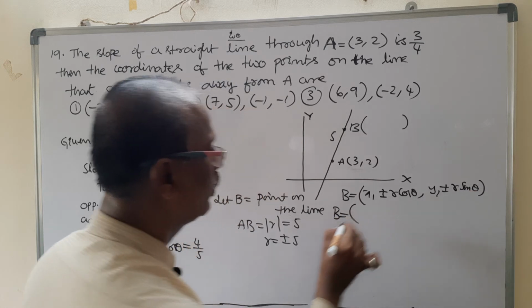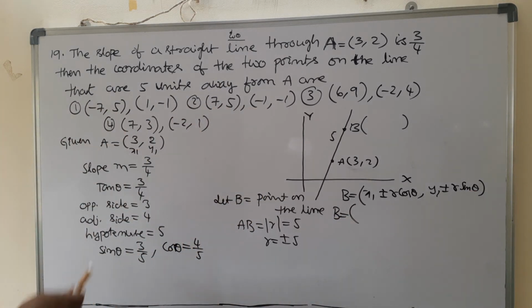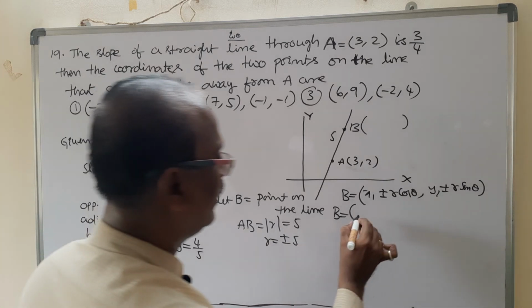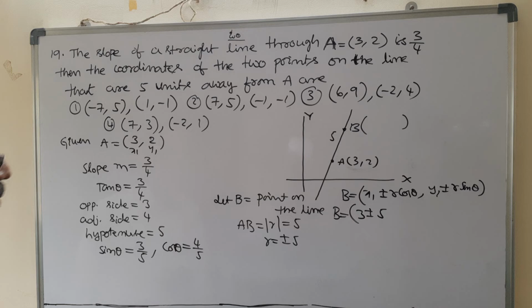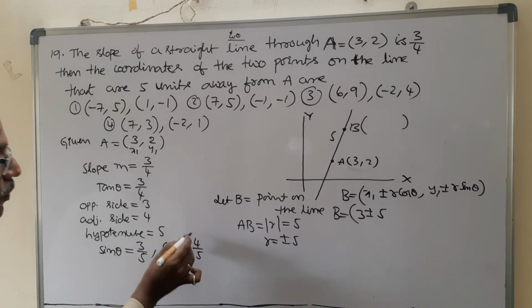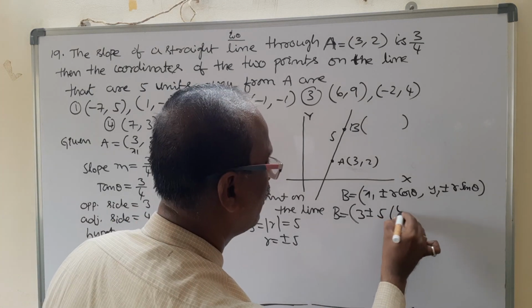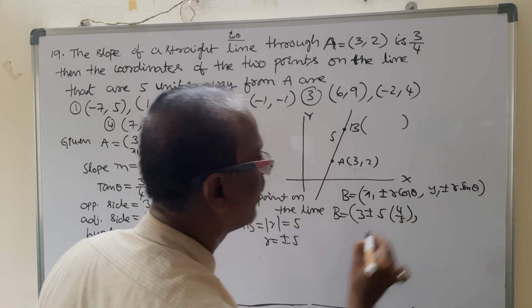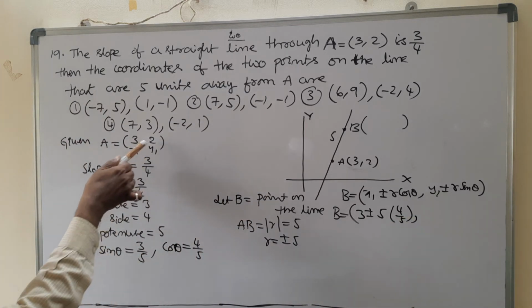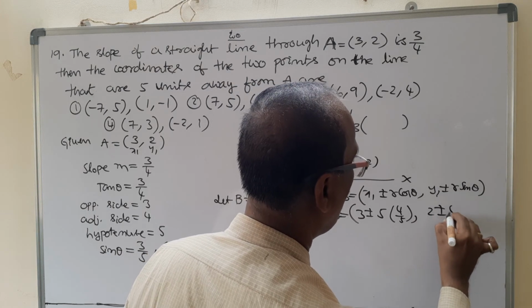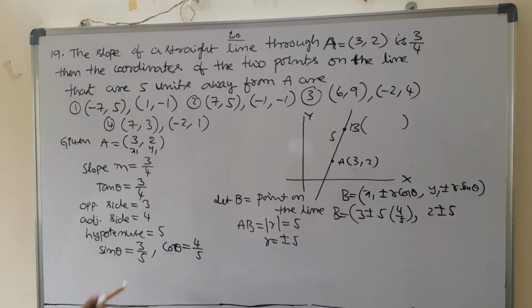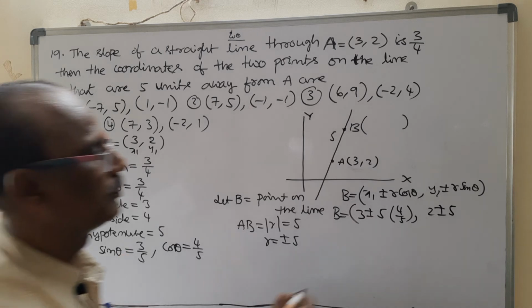B is equal to, here the x1 value is 3 plus or minus r value 5, cos theta 4 by 5, comma y1 is 2 plus or minus r value 5, sin theta is 3 by 5.